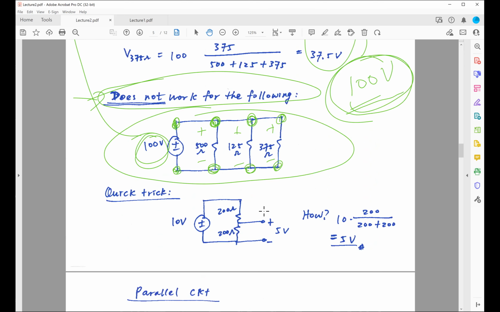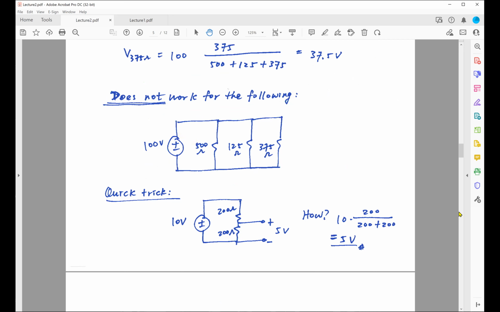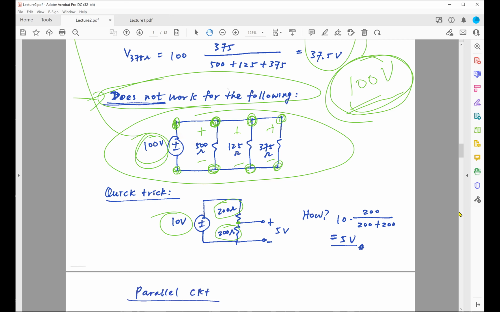Okay. So there's one small example here. If I have 10 volts and 2 times 200 ohm hooked up this way, and I'm going to tap my output, or the voltage, right in the middle of these two resistors.